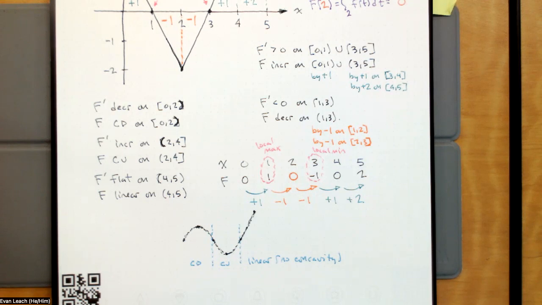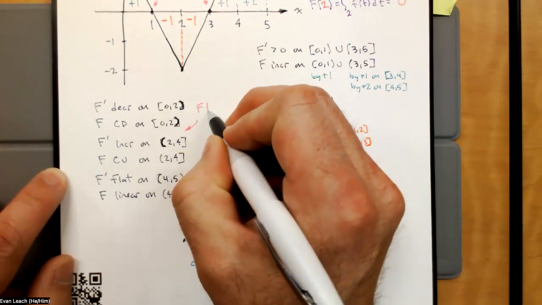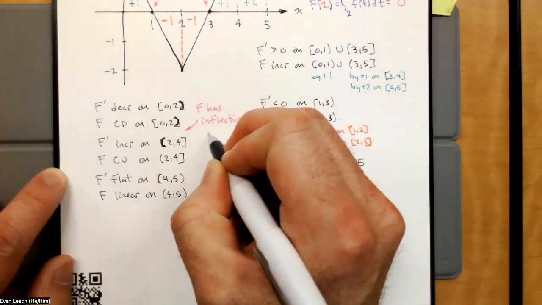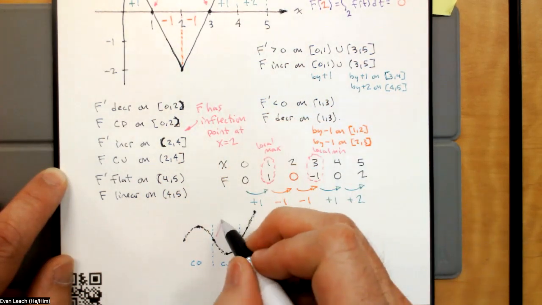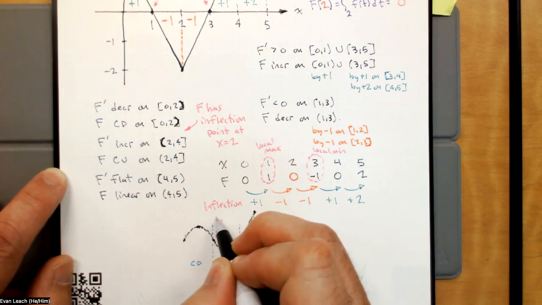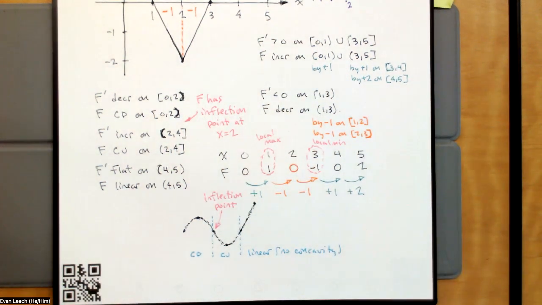The direction of the derivative tells us the concavity of the function. Any questions?